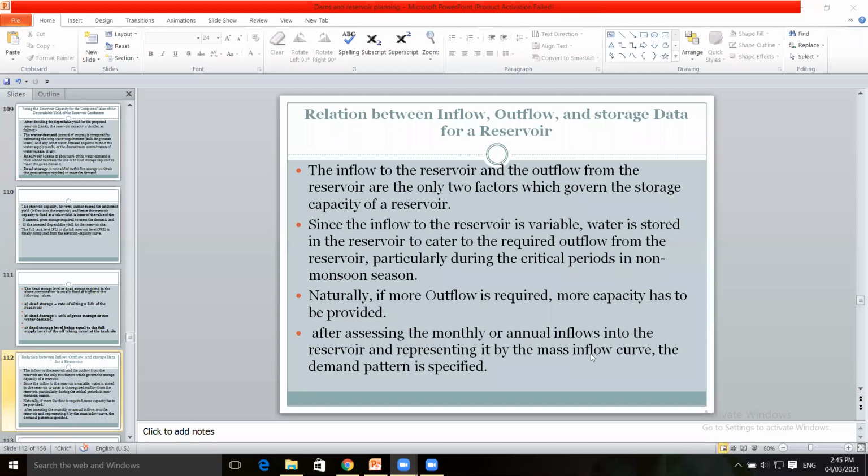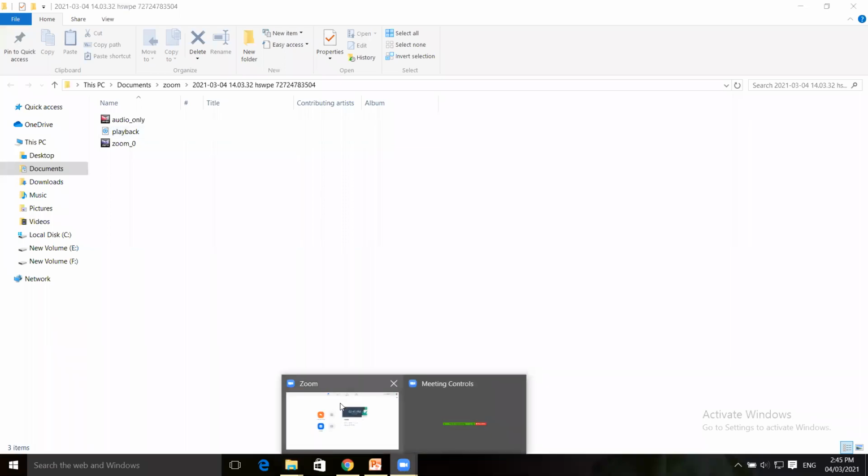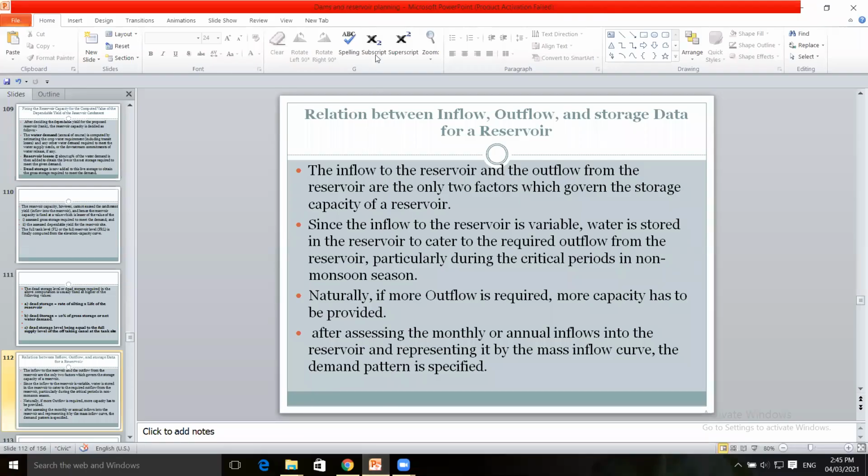And from the mass outflow curve, the outflow from the reservoir is measured. The annual outflow from the reservoir is represented in the mass outflow curve.